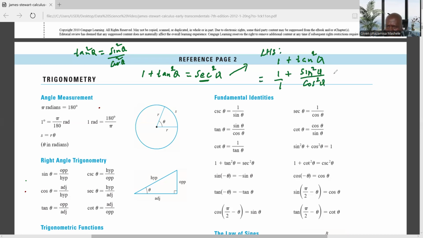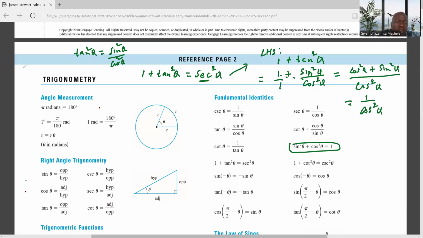So let's simplify the fraction. You know how to do that. We have cos squared theta as the denominator, then we cross multiply. This will be cos squared theta plus sine squared theta. But we know cos squared theta plus sine squared theta is 1. So it's going to be 1 over cos squared theta. But look at this. We know the reciprocal of sine is cosec.